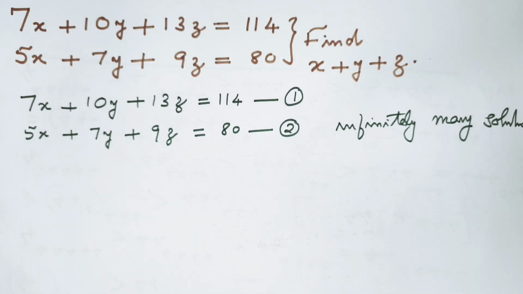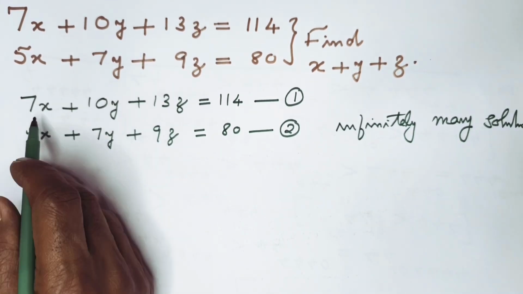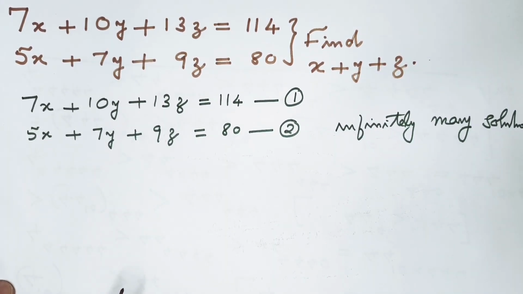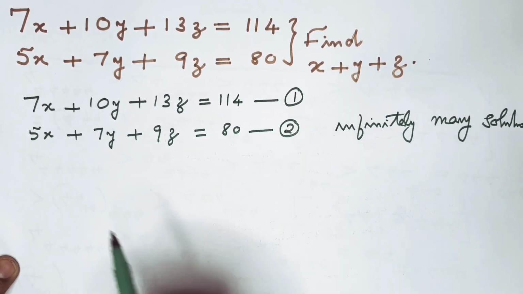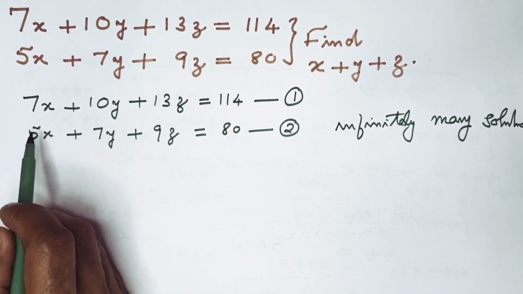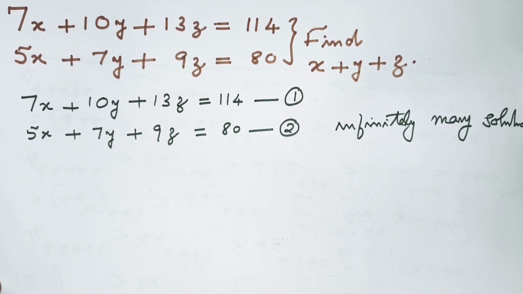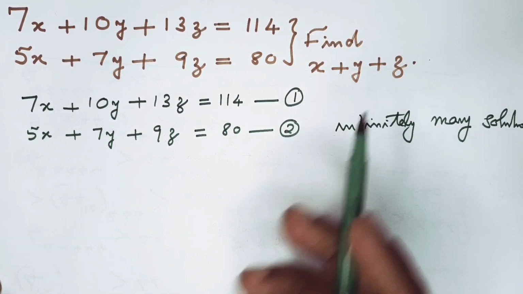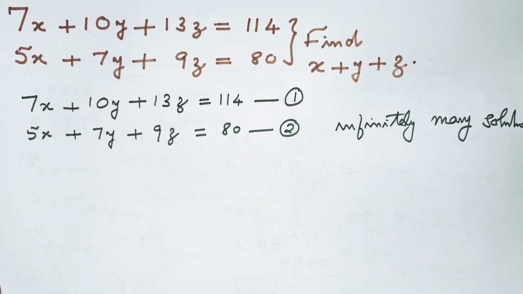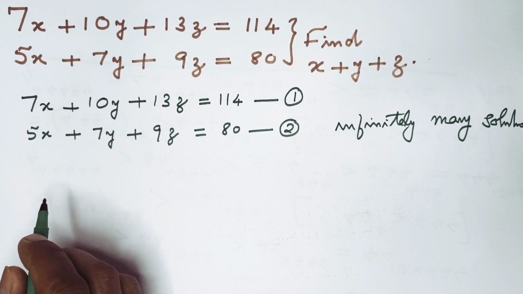So let's explore the ways of getting to the given expression directly by manipulating these two given equations. Generally, you need to find out suitable numbers with which these equations are to be multiplied, then subtract one of the resulting equations from the other, directly get to this x plus y plus z.